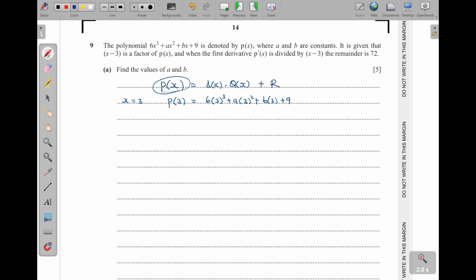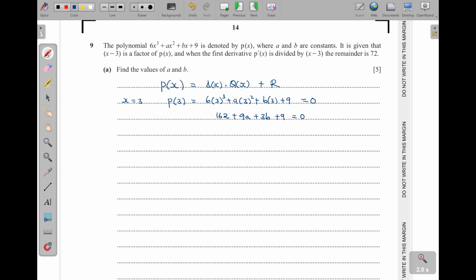Since it is a factor, the remainder is 0. Now 3 cubed is 27, times 6 gives 162, plus 9a, plus 3b, plus 9, which is equal to 0.